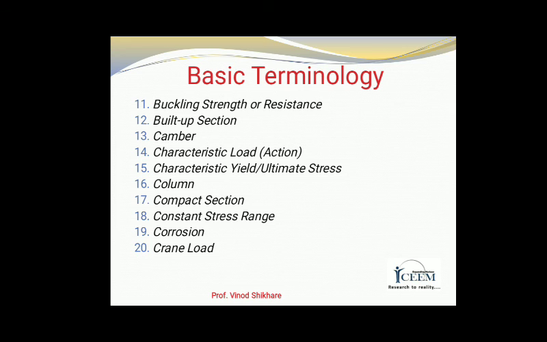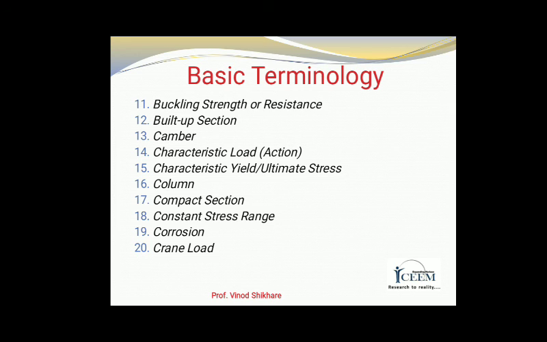Next term is characteristic load or action. The value of a specified load or action above which not more than a specified percentage, mostly 5%, of a sample of corresponding loads are expected to be encountered, that is known as characteristic load.